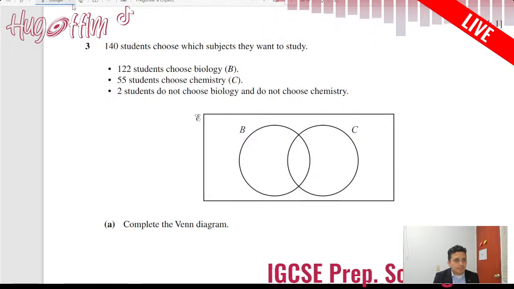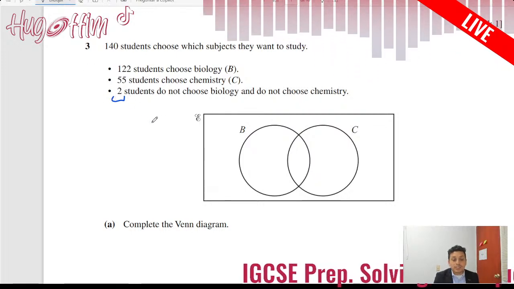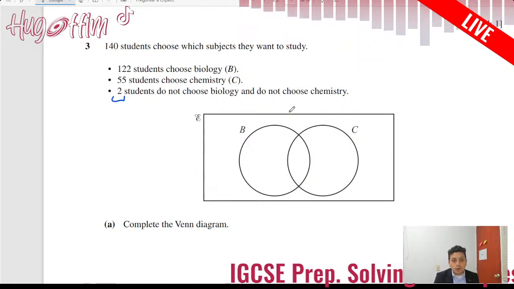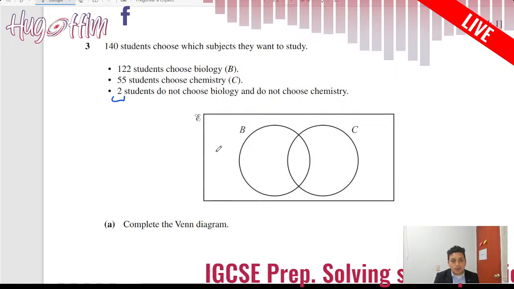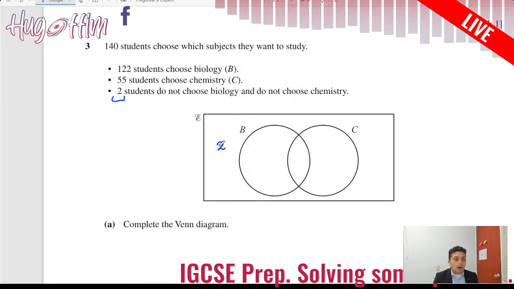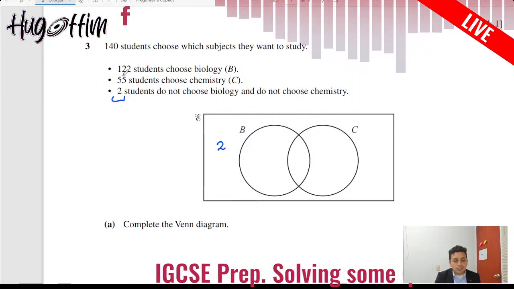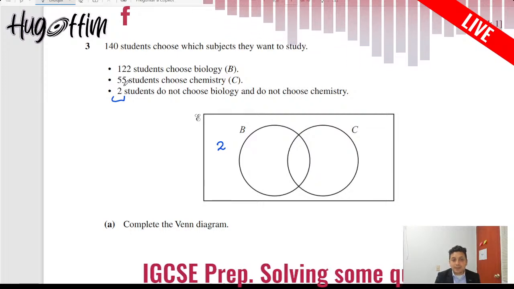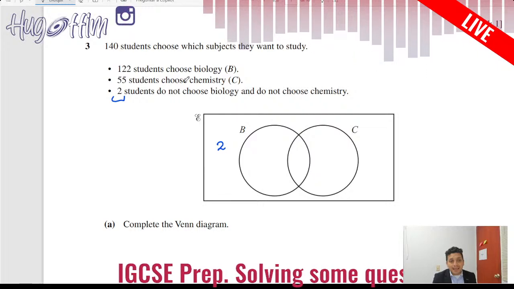Certainly, the first part that you can understand is that as 2 students do not choose biology nor chemistry, they should be outside of the region that represents biology and chemistry. So it means that 2 students are here. Now, on the other side, we have 122 students who choose biology and 55 students who choose chemistry.